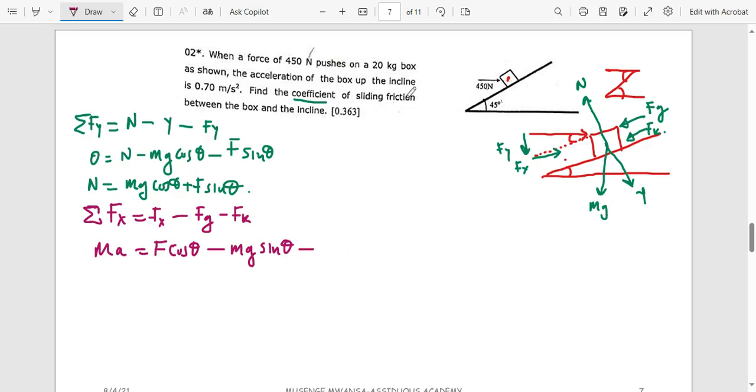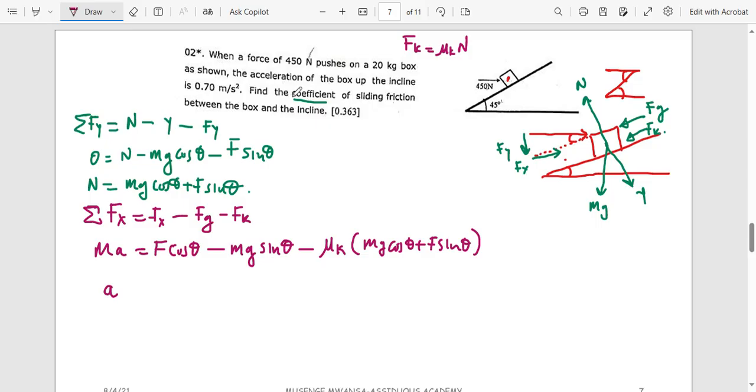Fk is given by, remember, kinetic friction is always given by coefficient of kinetic friction times normal force. So that will be mu k. But the normal force, remember, the normal force is mg cos theta plus F sin theta. So therefore, if we wanted to derive an equation for acceleration, just divide everything by mass. Therefore, acceleration.